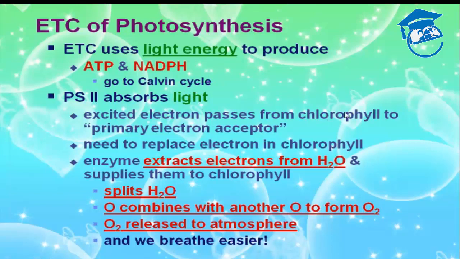Excited electron passes from chlorophyll to the primary electron acceptor, and it needs to replace the electron in chlorophyll. An enzyme extracts electrons from water and supplies them to chlorophyll. It splits H2O and releases oxygen. O combines with another O to form O2, which is released to the atmosphere and we breathe easier.